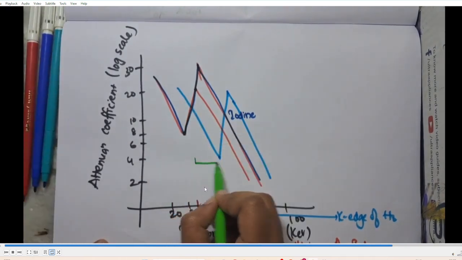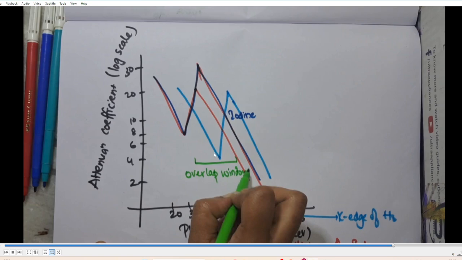So the attenuation coefficient of holmium steadily increases from 33 kilo electron volt to 55.6 kilo electron volt, at which point the attenuation of holmium increases dramatically. So the important concept is this overlap window, in the range of 33 to 55 kilo electron volt.